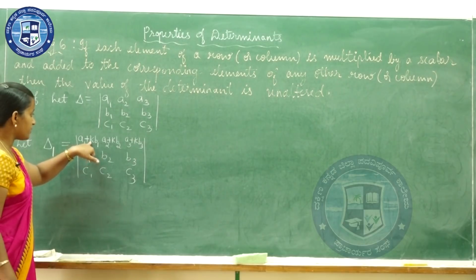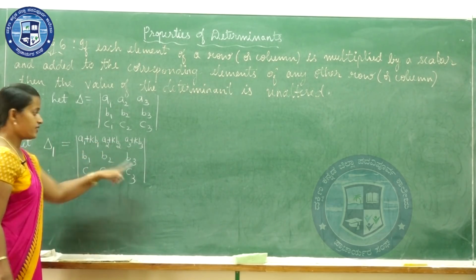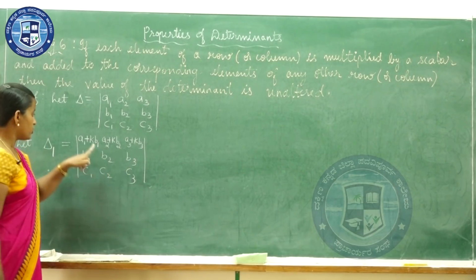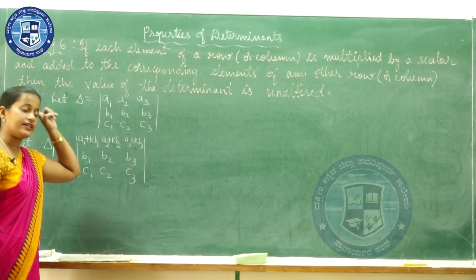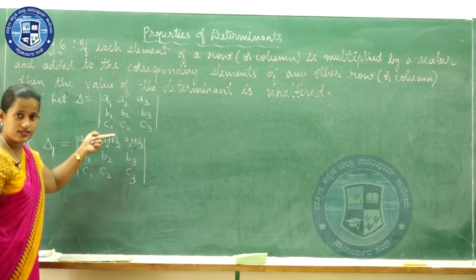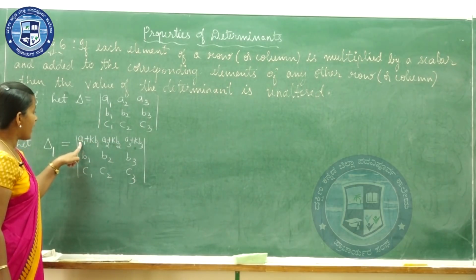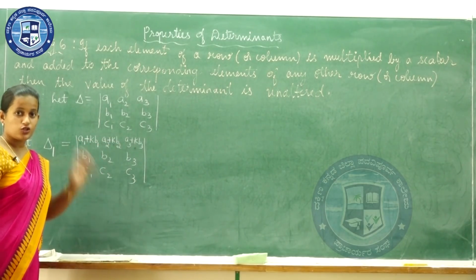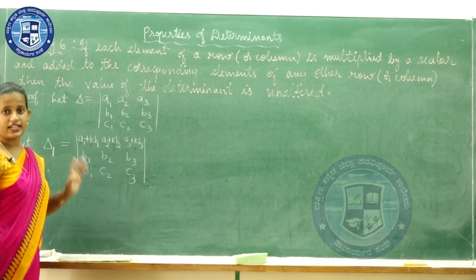So, first I multiplied the constant or the scalar k to the elements of the second row. So, KB1, KB2, KB3. That was done in my mind. Then I added those numbers to the corresponding elements of the first row. First row had only A1, A2 and A3. So, I am adding now KB1, KB2, KB3 to the corresponding elements.